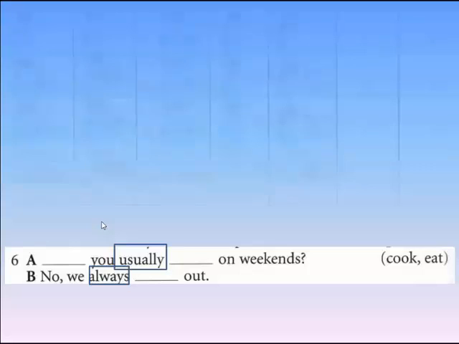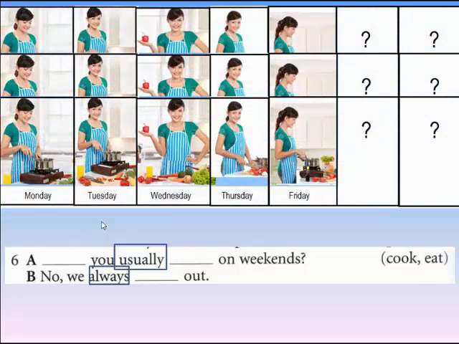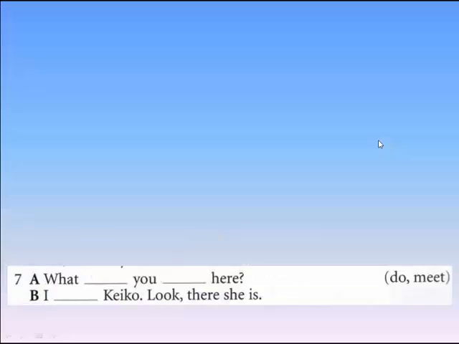So the answer is, do you usually cook on weekends? No, we always eat out. Notice how we are asking about the routine. This is what happened on weekdays. So we want to know what happens on weekends, regularly, normally, as a routine.